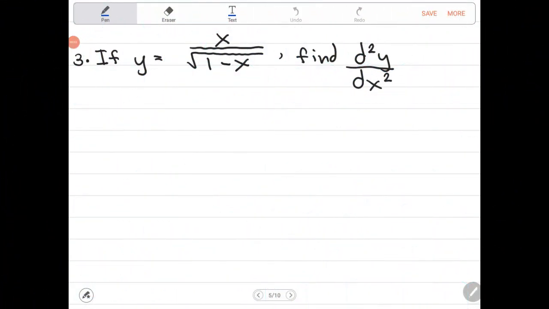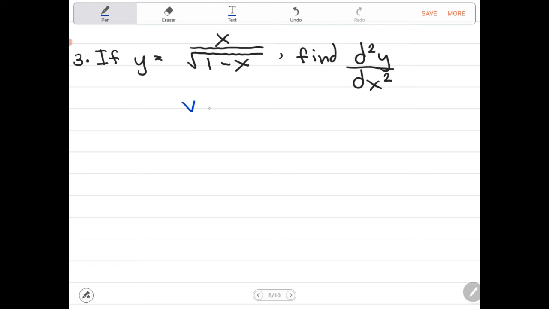Okay, number 3, last problem. If y is equal to x all over the square root of 1 minus x, find the second derivative of y with respect to x. In this problem, we are going to apply the quotient rule. Derivative of a quotient. So what is the formula? Let us recall.